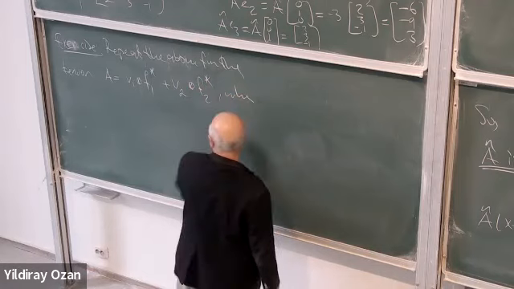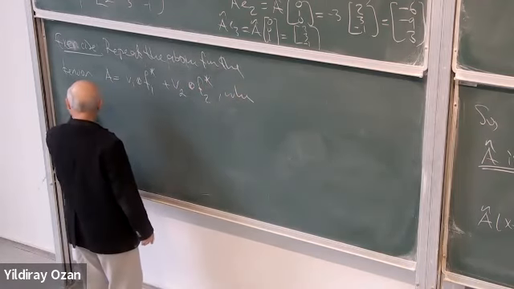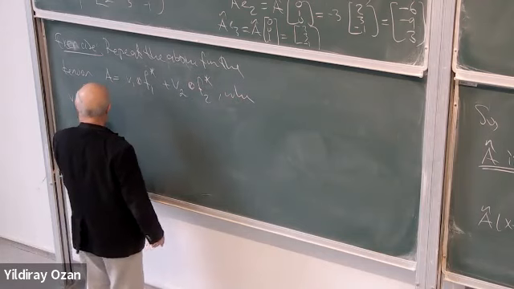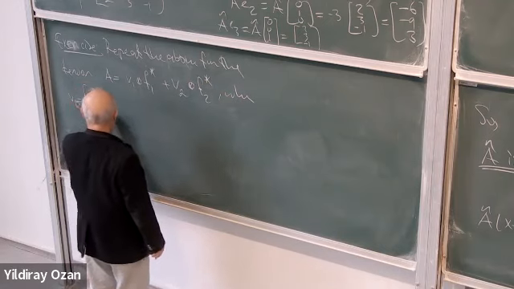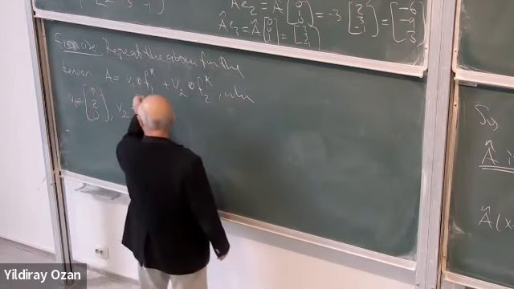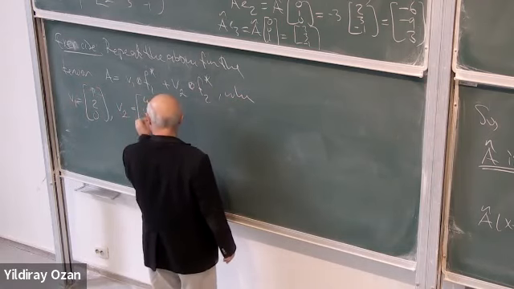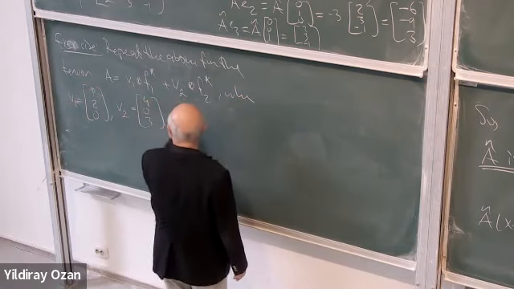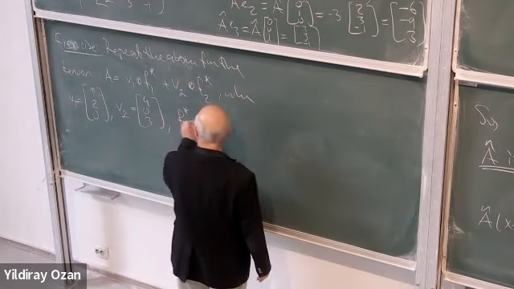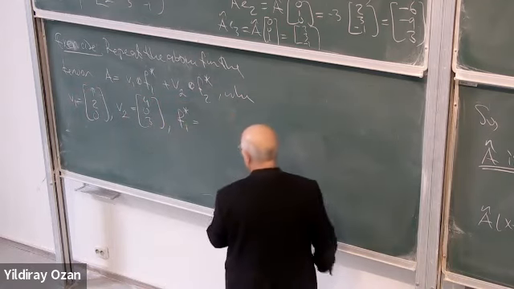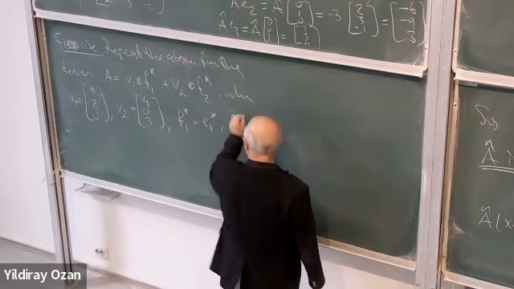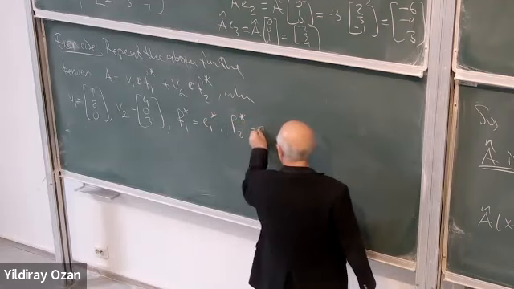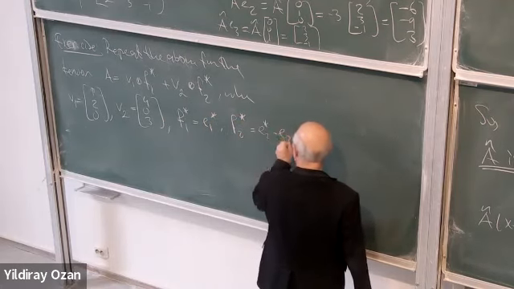Evet. B1 işte şöyle. 3, 2, 0. Belki 0, 3. F1 star B1 star olsun. F2 star'da E2 star yani E3 star.